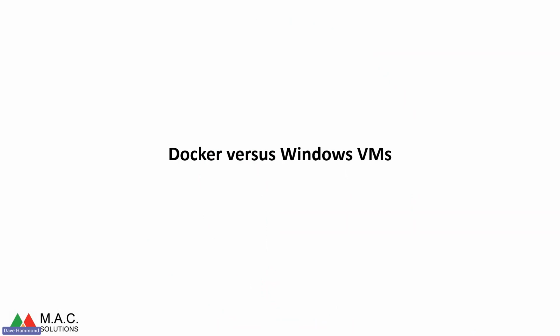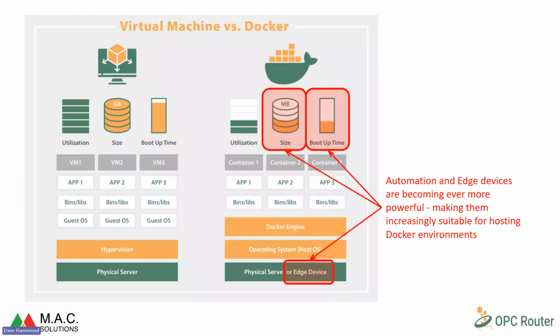So let's compare how an application might run in Docker compared with how an application might run in the environment it would need for Windows. On the left-hand side, you'll see a virtualized machine, a typical Windows machine. You'll have the physical server, you'll have the hypervisor, the OS, which is typically Windows, and then you'll have the virtual machines.